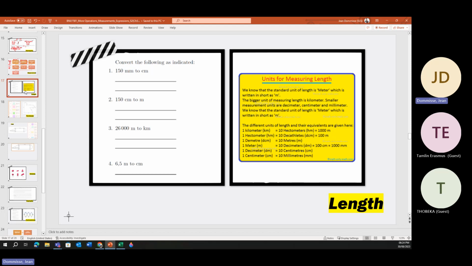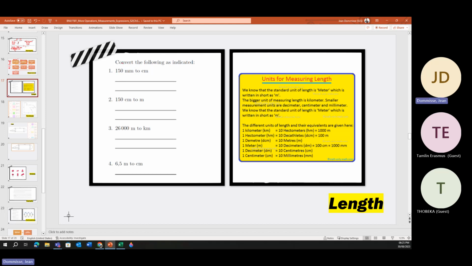Converting units. So here is what you can use, and when I send the presentation on tonight, you will have it, so you can really look at ways to convert.